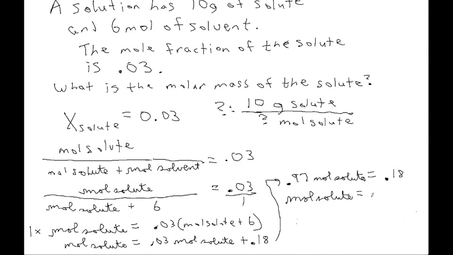What was that number again? 5.38. What was the calculation you did? 0.97 divided by 0.18. Did you write that out on paper? So what do we have to do algebraically to solve this equation?